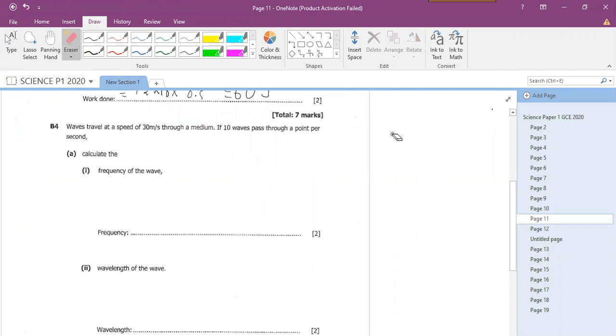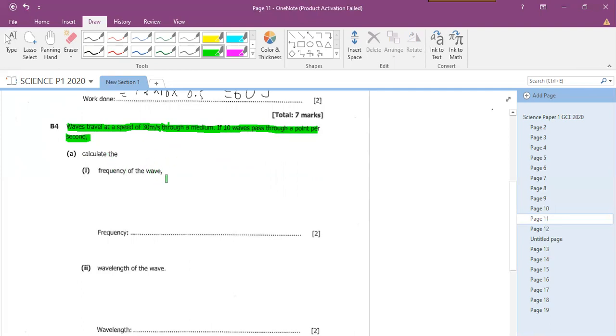Okay, so let's look at question B4, which is on waves. Let's read this question together. It says waves travel at a speed of 30 meters per second through a medium. If 10 waves pass through a point per second, calculate the frequency of the wave.